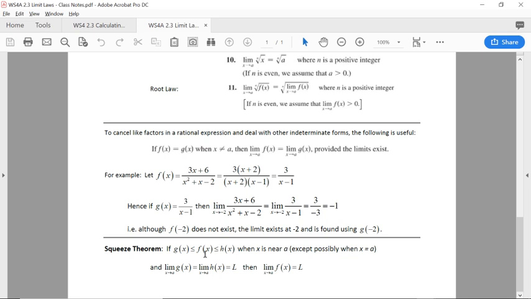If f of x is the function we want the limit of, and we're having difficulty establishing that limit, but we can find a function below f of x and a function above f of x, like a floor and a ceiling, that are below or equal to f of x, and if the floor function g of x approaches some value as x goes to a, and the ceiling approaches the same value as x approaches a, that is, they close in and squeeze around f of x, forcing the limit of f of x to approach the same value as well.